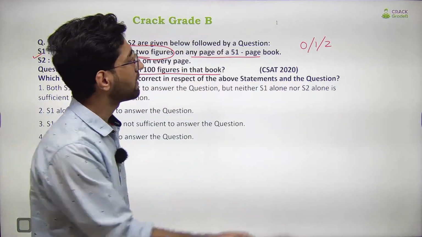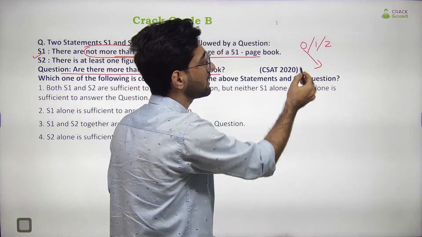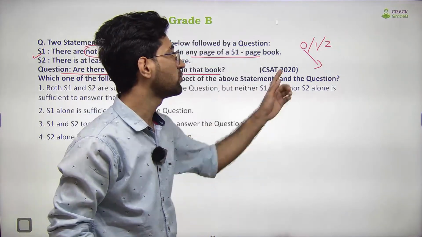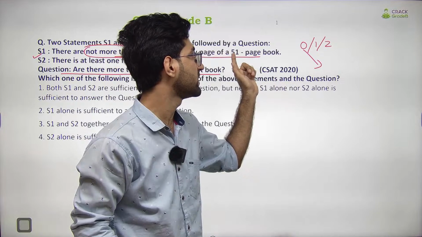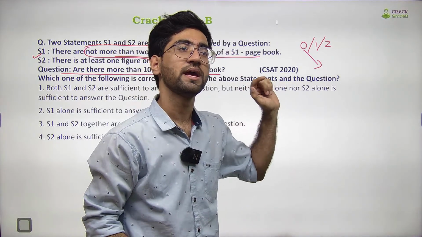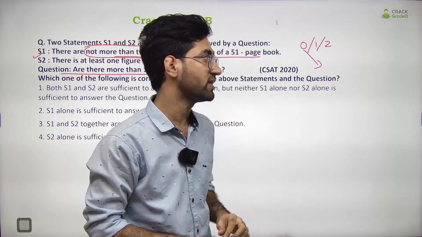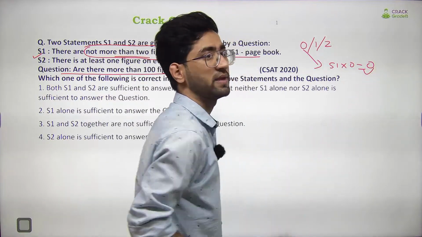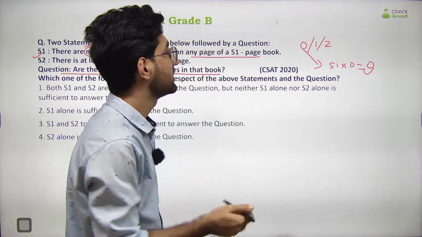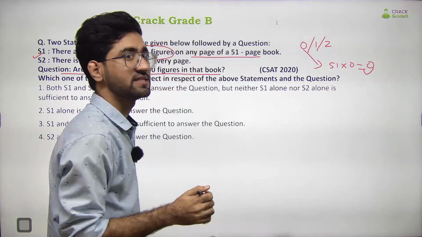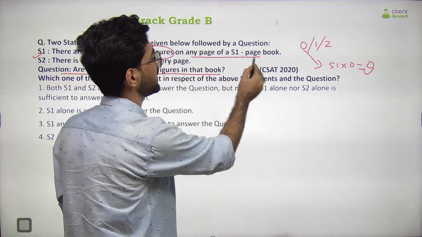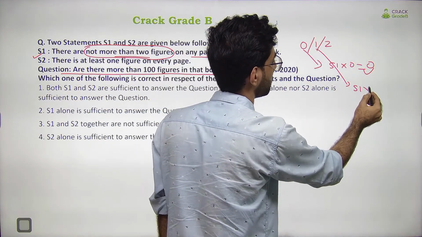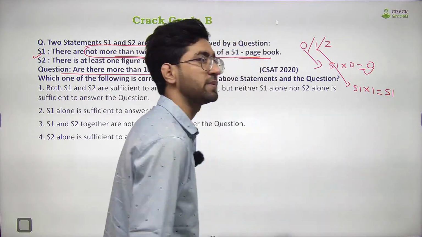Now tell me, what can be the minimum possible total number of figures in the book? Suppose each page of this 51 page book has 0 figures, so basically 51 into 0, in that case the book will have 0 figures, right? Now when each page has one figure, in this 51 page book, what will be the total number of figures? 51, right?